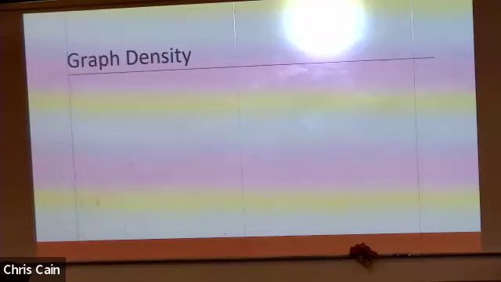All right, let's talk about the density of a graph. So we know the number of edges on a graph is between 0 and the number of vertices squared.